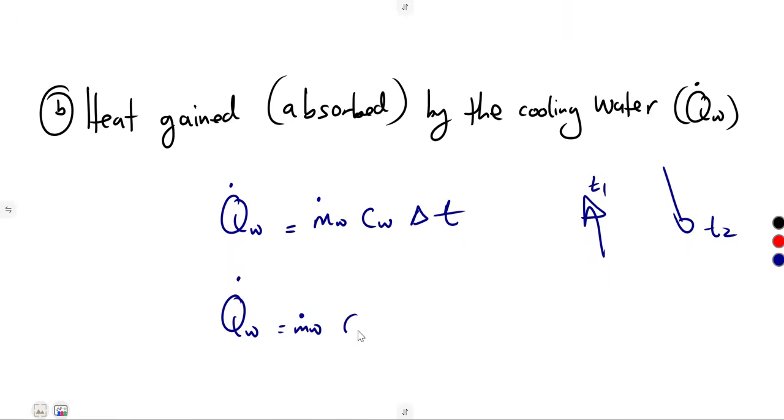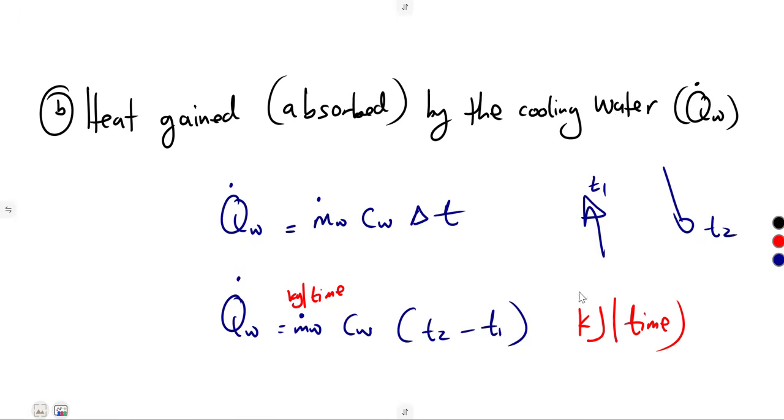The difference, so that's T2 minus T1. Okay, so that is it. Given the mass of water, the rate at which this water is flowing, the flow rate, in kilograms per unit time, it will affect the heat that is being gained. It is going to be kilojoules per unit time. Just like that.